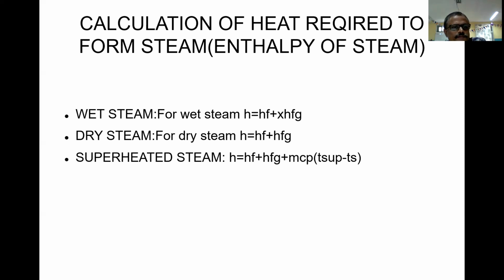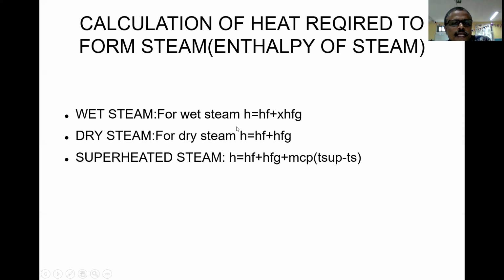So there are 3 types of steam: wet steam, dry steam, and superheated steam. In wet steam, there are water particles in suspension. In dry steam, there are no water particles in suspension. And in superheated steam, again, there are no water particles in suspension.